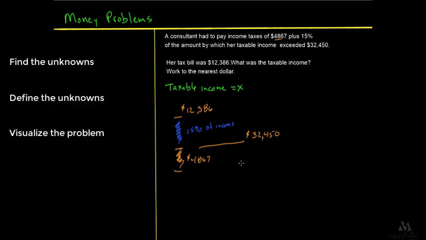I've got $12,386 of total taxes. I'm going to subtract off $4,867 of that. And that's going to tell me how much of that money was in this 15%, or how much of it was above $32,000.